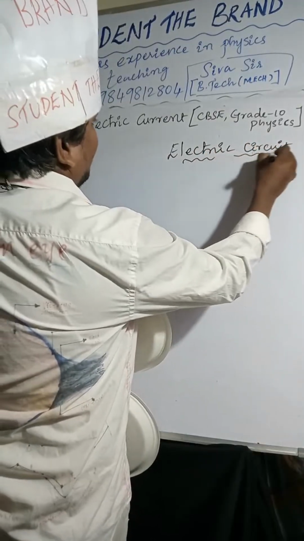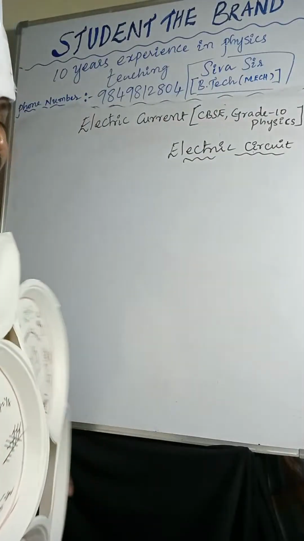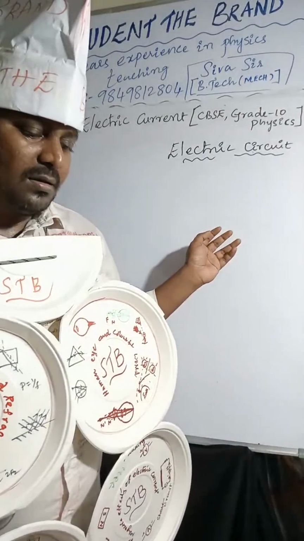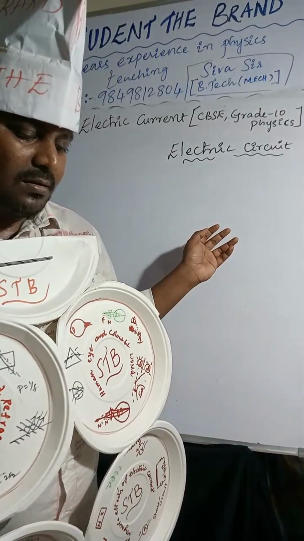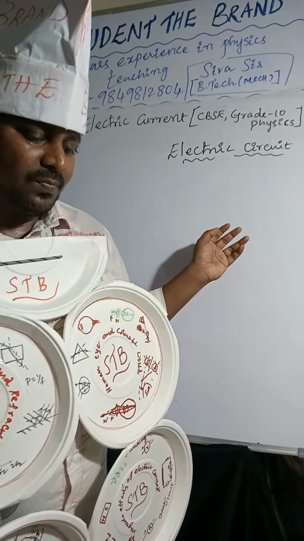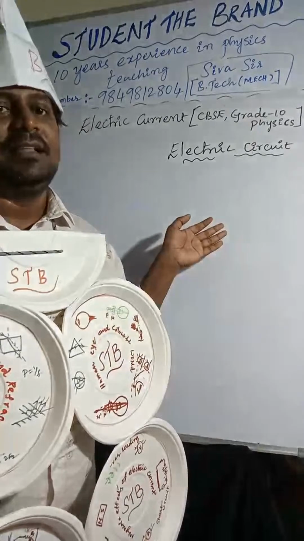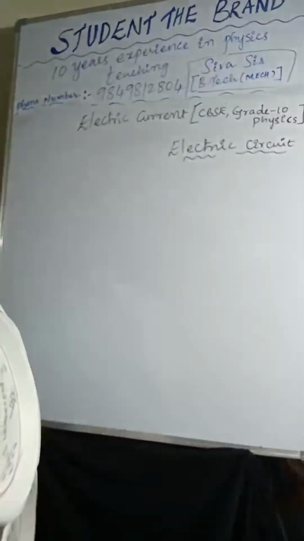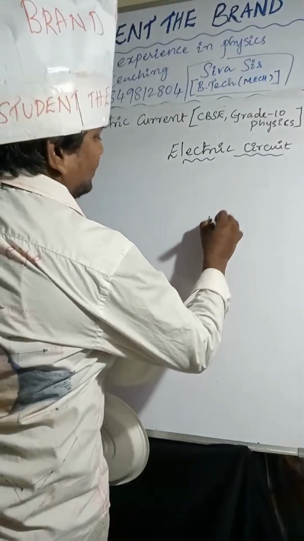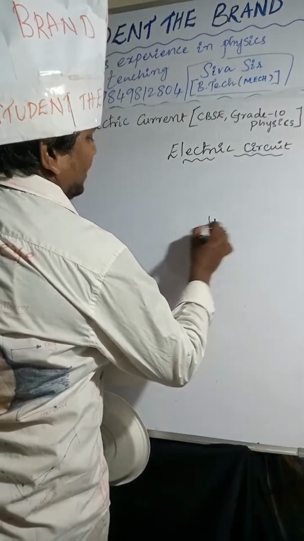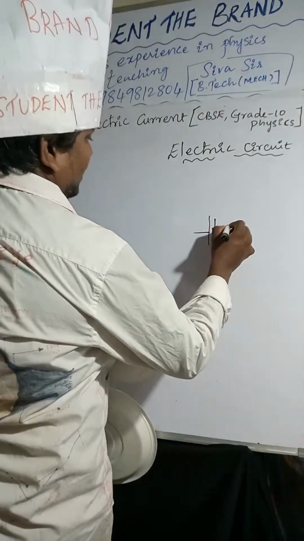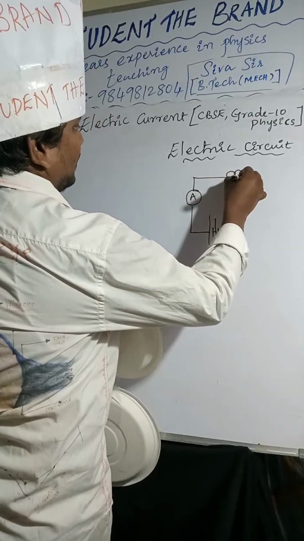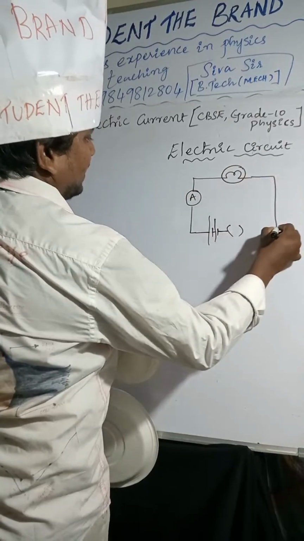So if you are considering here, as I said, electric current. Here you can see I am taking the battery, the switch, the ammeter, and next the bulb, which is connected here.